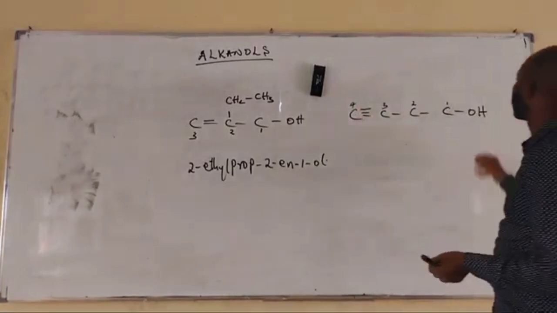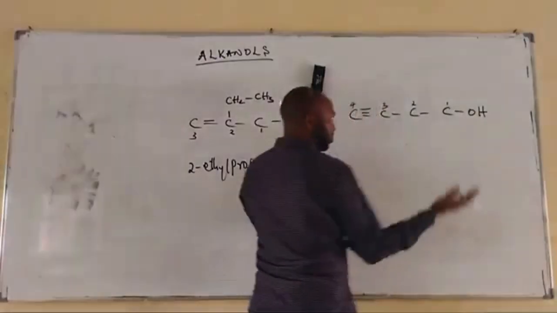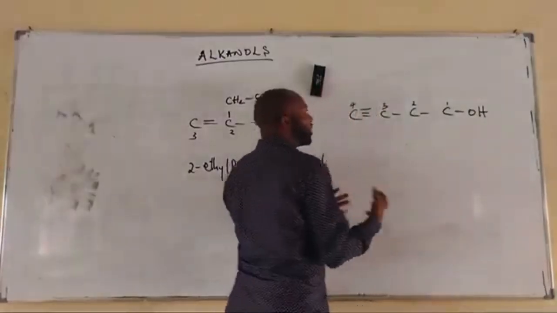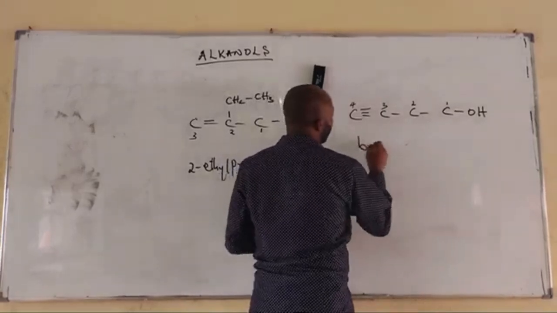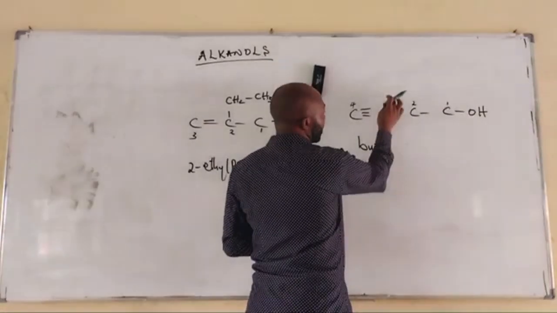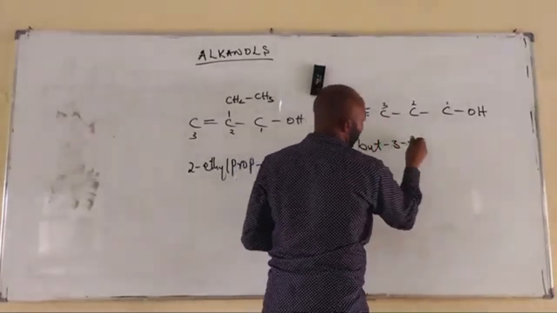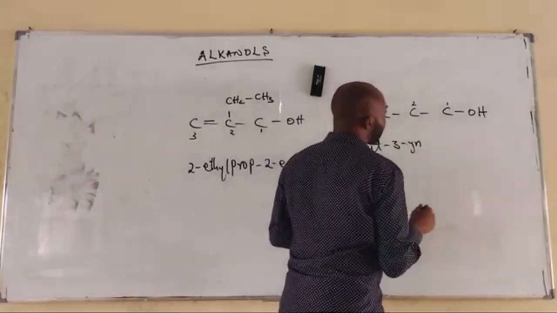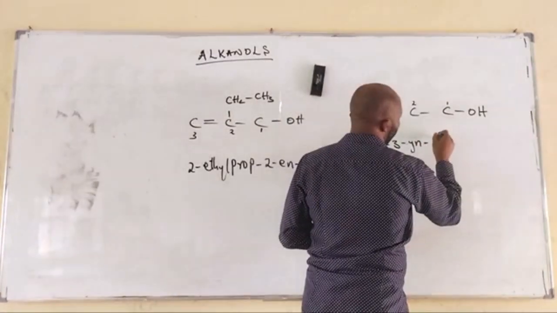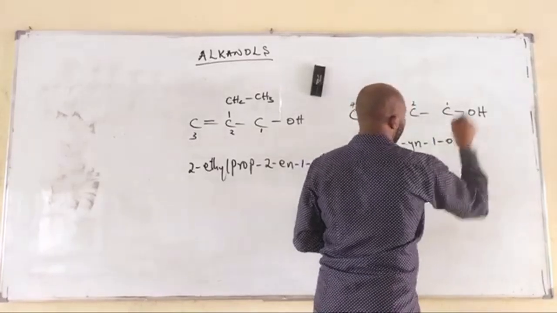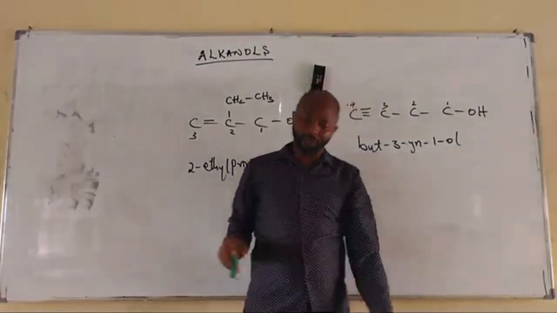This is the backbone, being the butane chain. So we have both the double bond and this is yne, 3-yne, 1-ol. This becomes the name of this compound.